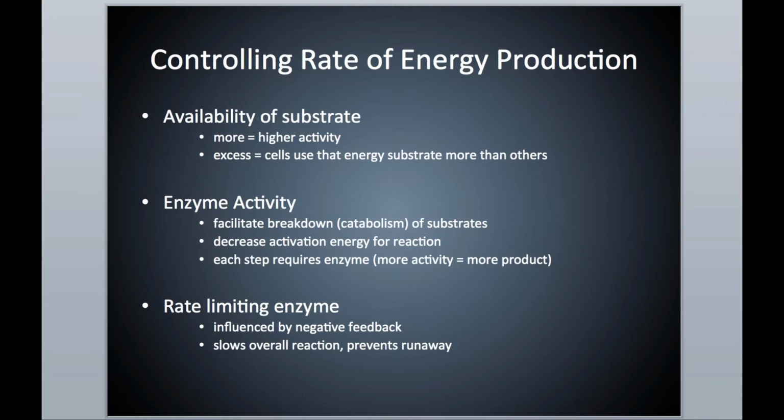The more of the end product that we get, these rate limiting enzymes will start to slow down. The less of that product that is available, then we're going to speed that reaction up. And that is due to the activation of the rate limiting enzymes. And this is also influenced by a negative feedback system.